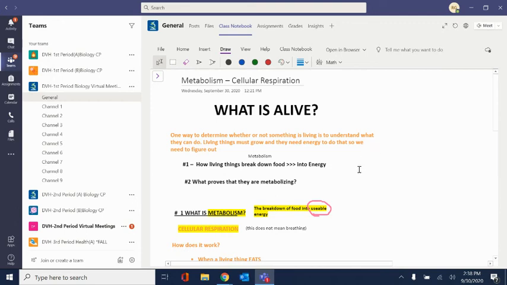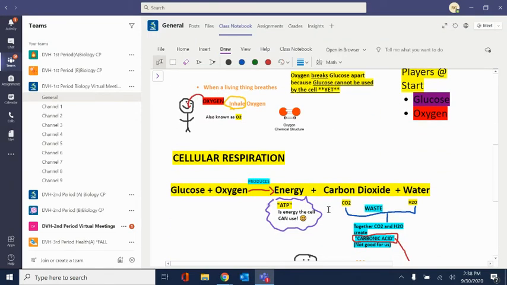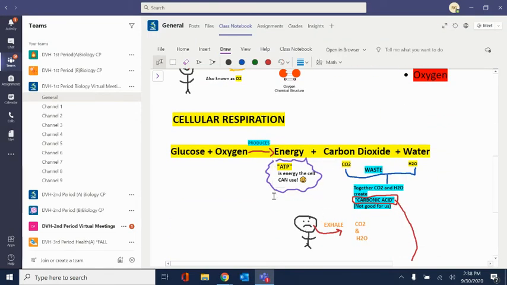We figured out that metabolism only occurs through a process called cellular respiration, where oxygen breaks down glucose into usable energy called ATP, carbon dioxide, and water. That waste is called carbonic acid.